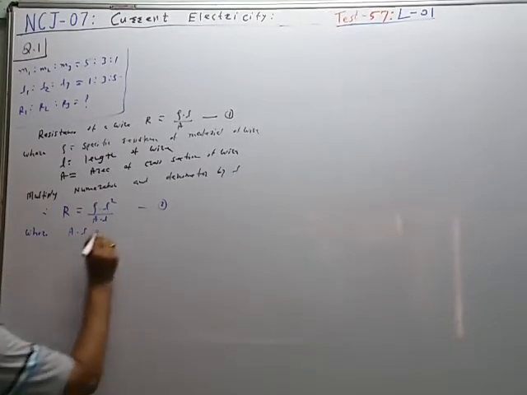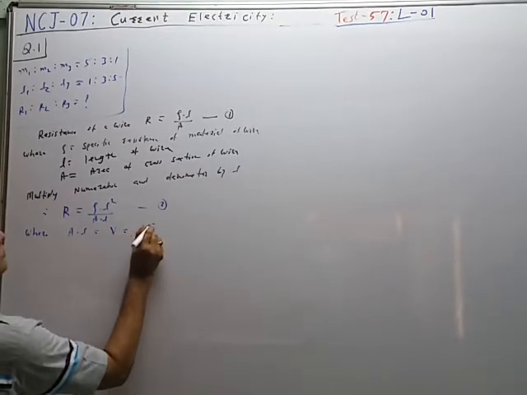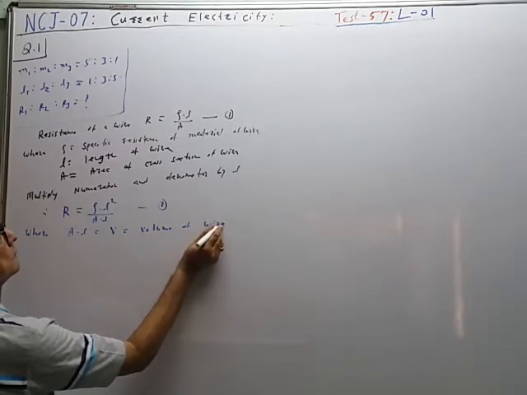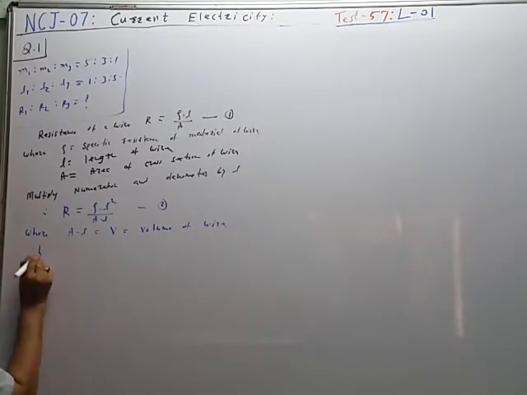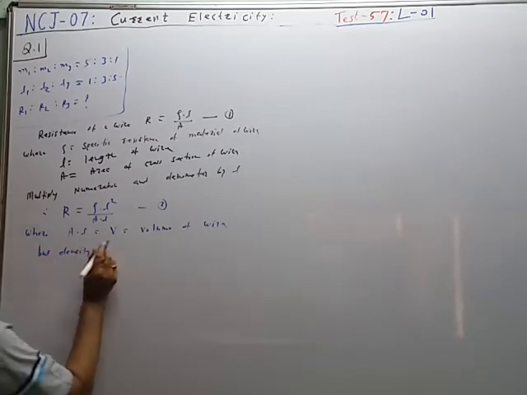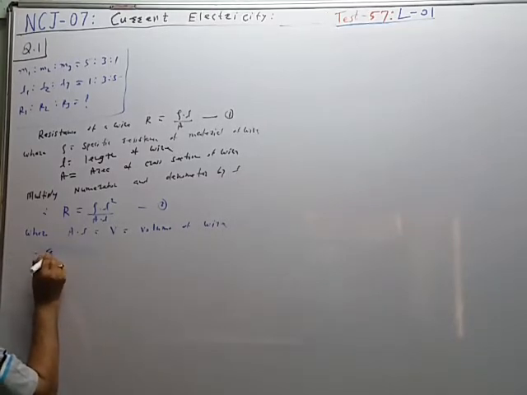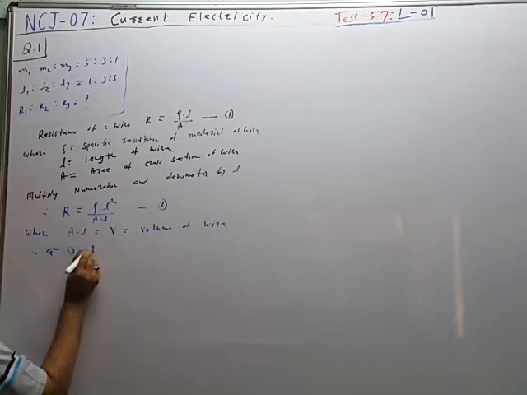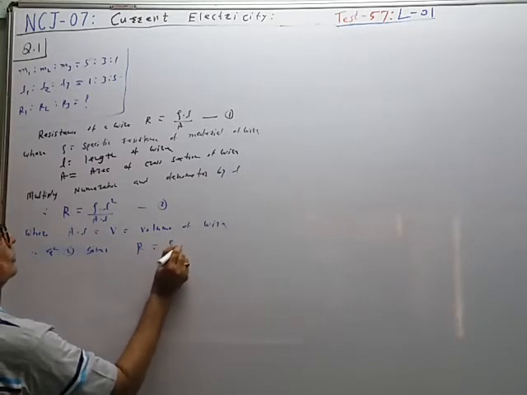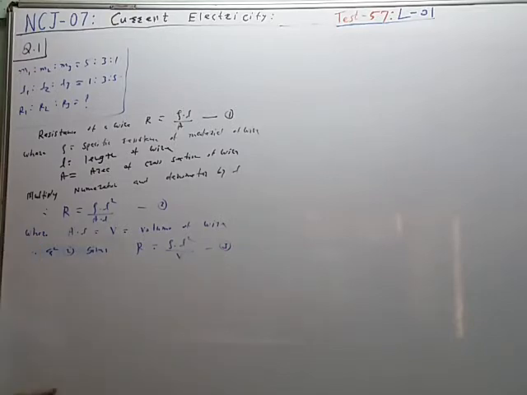Generally wire is cylindrical, so it is the volume of wire. Then equation 2 gives resistance R is equal to rho into L square upon V. This is equation 3.